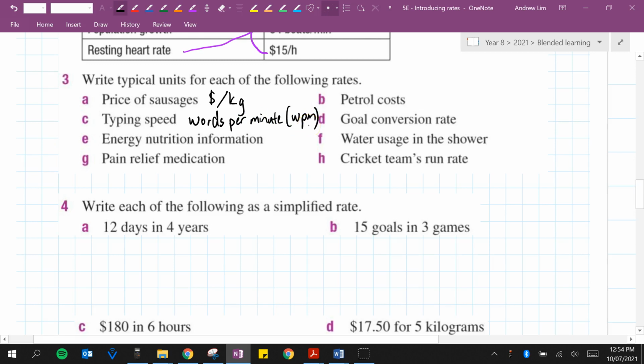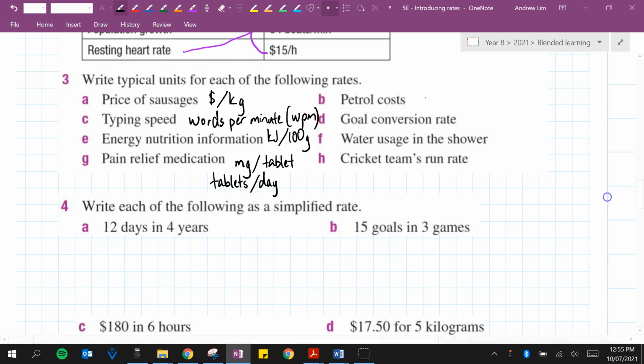Energy nutrition is usually kilojoules per 100 grams or per serving. Pain relief medication, it could be milligrams per tablet. It could be how many tablets you need to take per day. Or if it's a liquid, it could be milliliters per day.